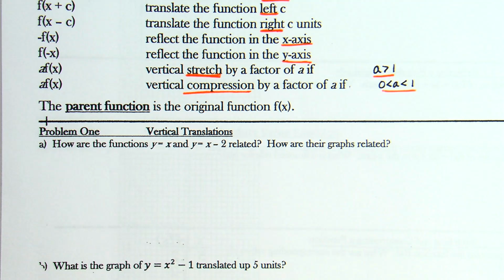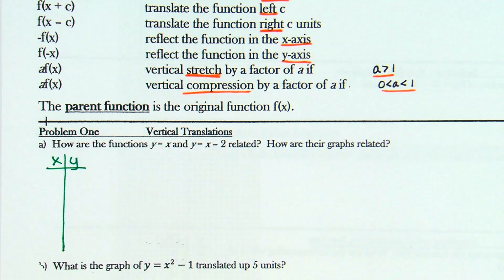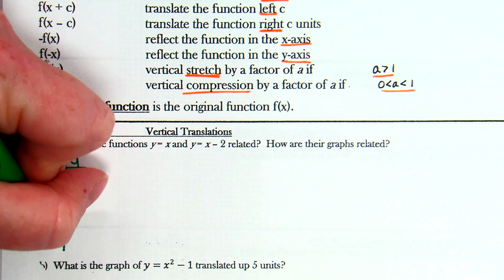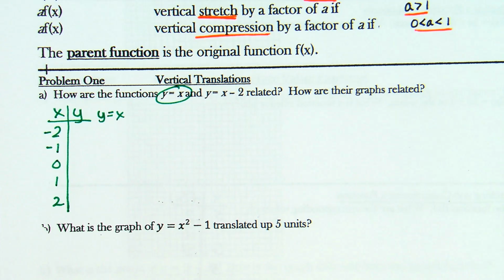One way we're going to look at this is with an XY chart. When I use an XY chart, I like to use some basic x values, -2 to +2. So -2, -1, 0, 1, and 2. If we are just talking about the first graph, y equals x, can you fill in your y values?